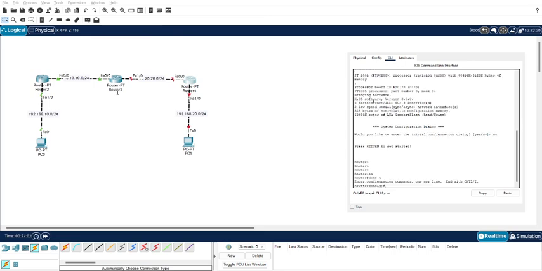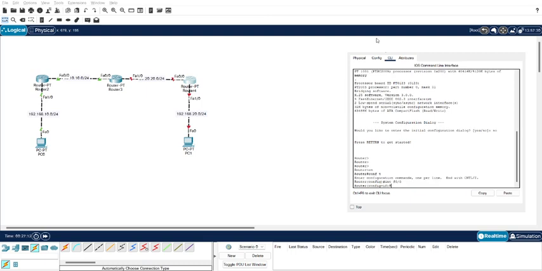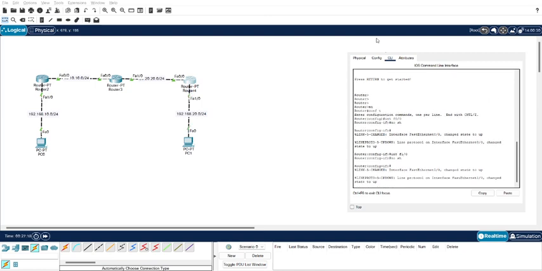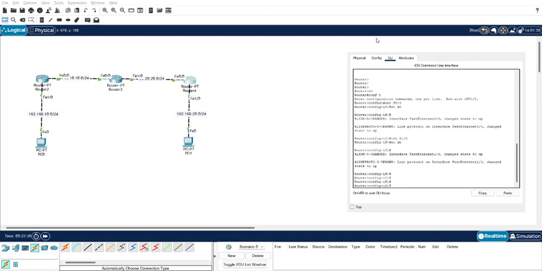Now we add the IP address again. We can take this address and put it to the address. After we do it again, let's add the address.